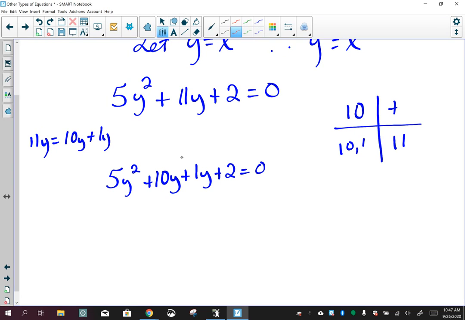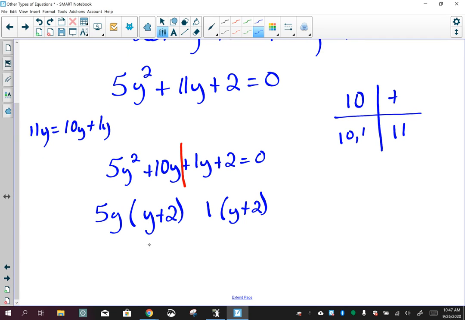I'm going to cut it in half. I'm going to pull out a 5y, y plus 2. In the back, they have nothing in common, so I'm going to pull out a 1, y plus 2. And then I wind up with 5y plus 1 and y plus 2 equals 0.